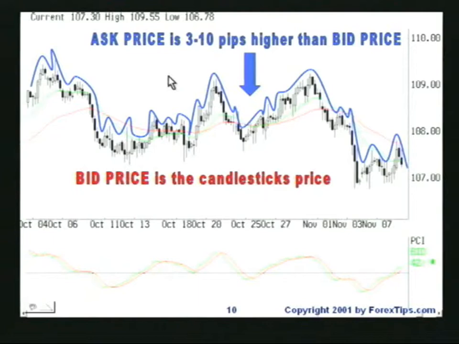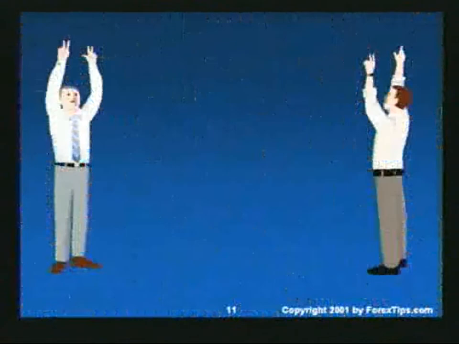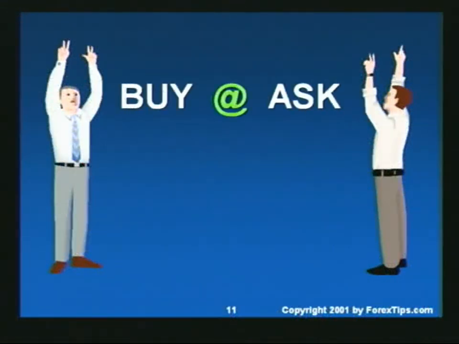An ask chart, depending on the spread, would look identical to the bid chart, other than it would be anywhere from 3 to 10 pips higher than the bid price. As the market moves, the market is monitoring price movement, with the bid being recorded in front of you and the ask price being recorded approximately 3 to 10 pips higher.